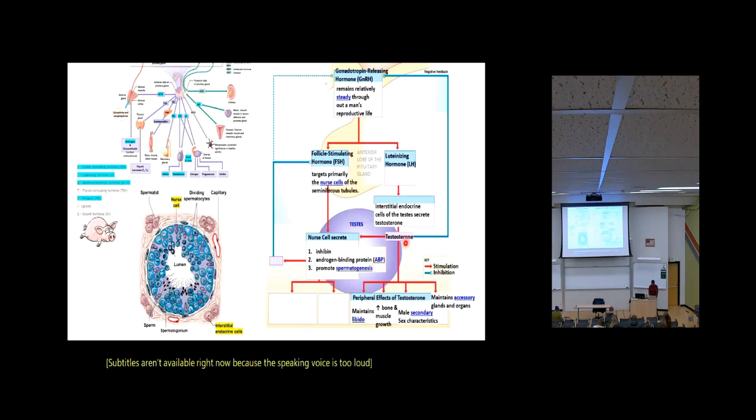So notice that the testosterone which is being produced by the endocrine cells in the seminiferous tubules will be bound by ABP, right? So this androgen binding protein will bind to testosterone, and that will increase the concentration of testosterone in the testes by around 20 to 200 fold, right?